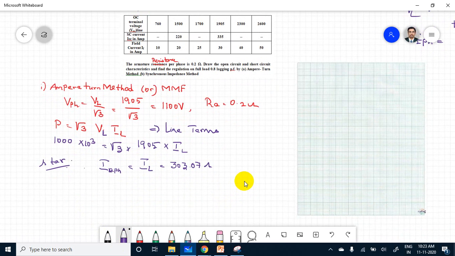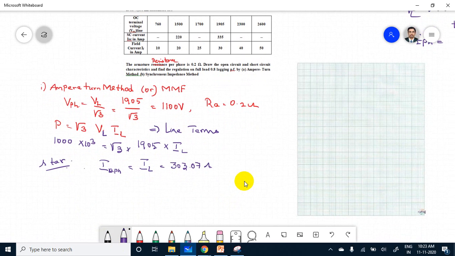Step 1. This is IF on the x-axis, starting from 0.